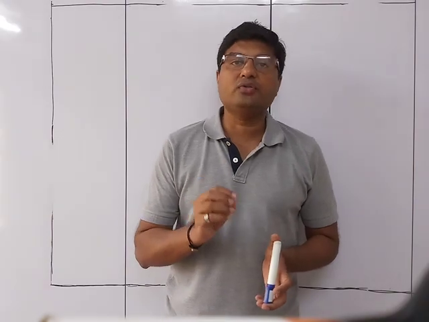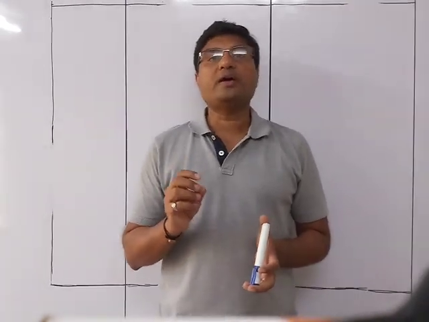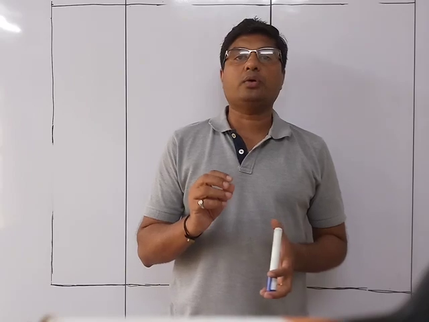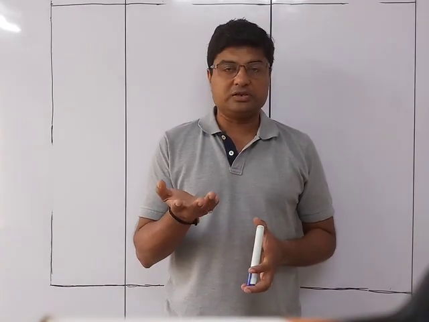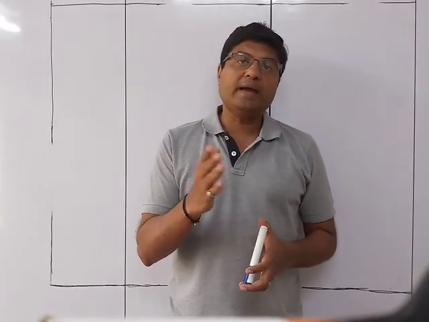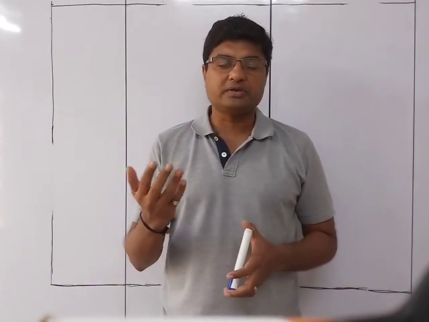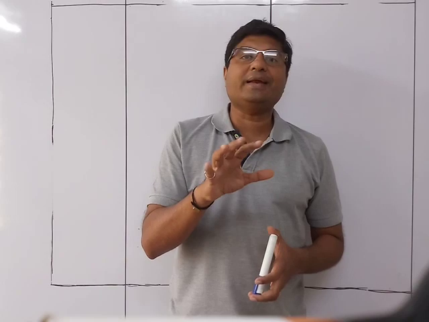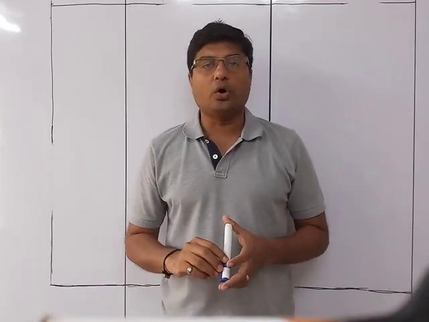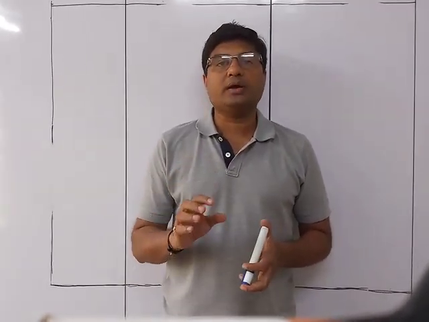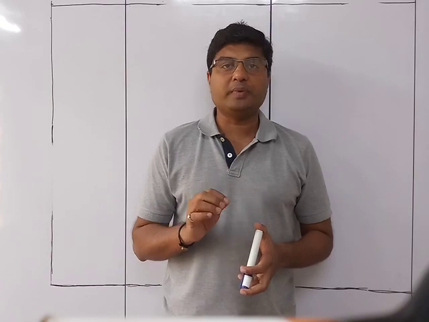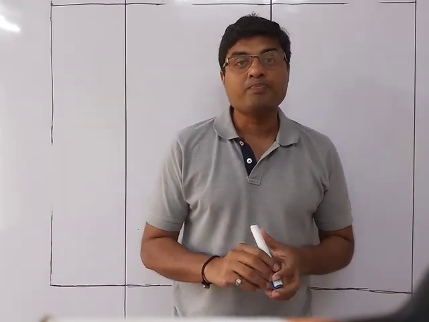Even if it is not a perfect square, you can find the square root in decimal points. You may have up to 2, 3, or 4 decimal points. So you will get an approximate value of the square root in decimal points by this method, which you cannot get by prime factorization.